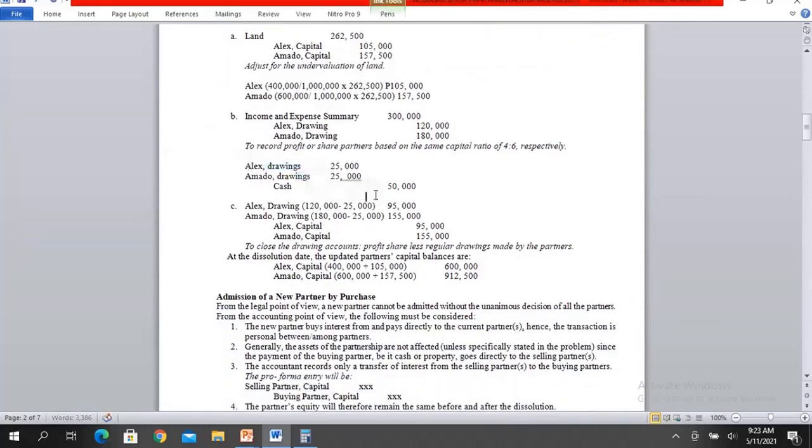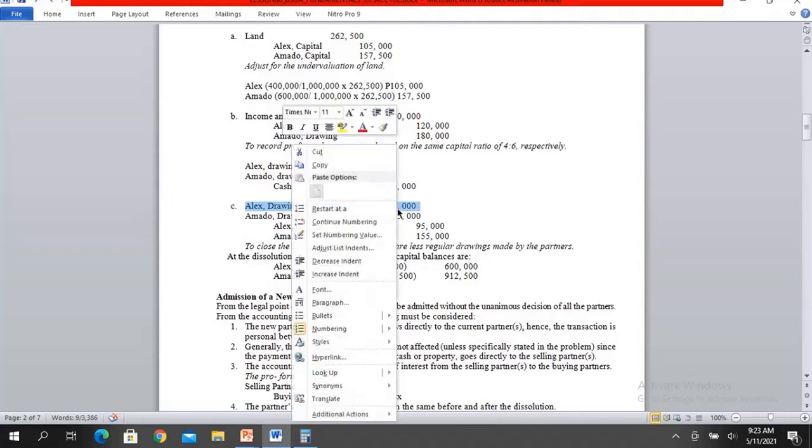Ayan. So, ngayon, itong mga drawings na to, tatanggalin or i-close na natin sila. So, itatransfer na natin sa capital accounts ng mga partners. Etong hati nila sa profit, which is 120,000 kay Alex, less natin yung winidraw niya na 25,000 na cash noong first quarter. So, 95,000.